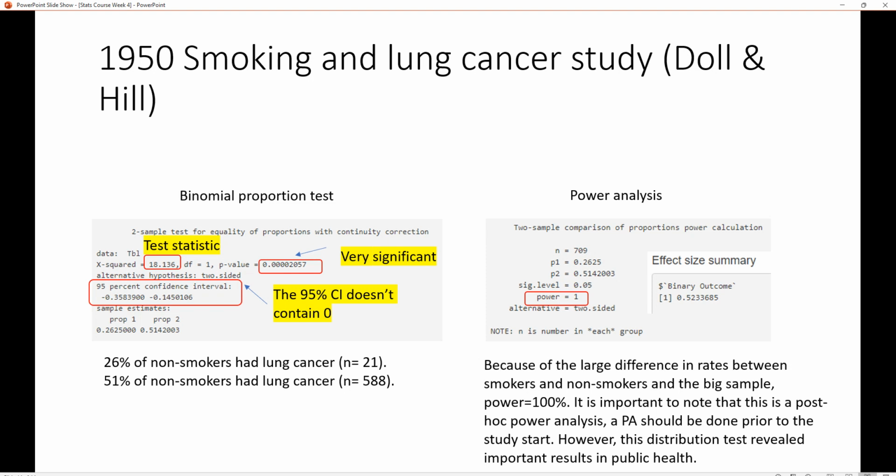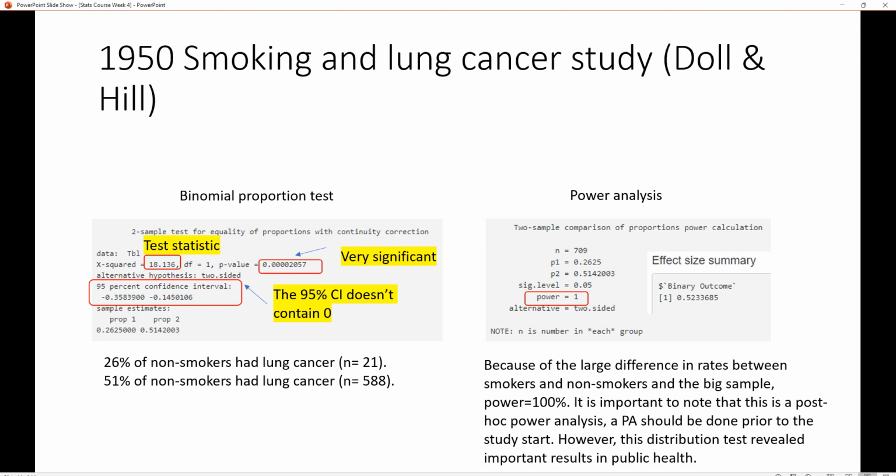So they did a distribution test, but it wasn't the traditional causal form, because 1950 didn't have a lot of computing power. They did a good job in sampling.